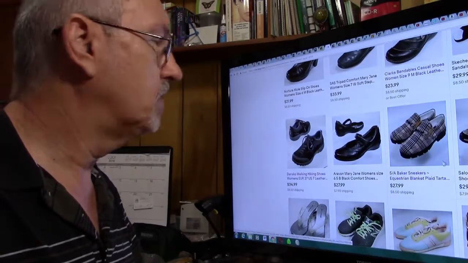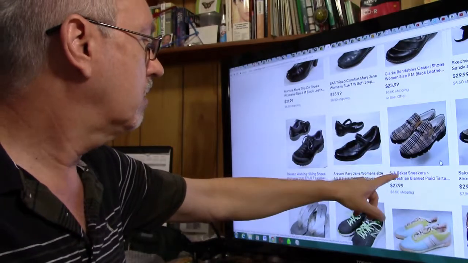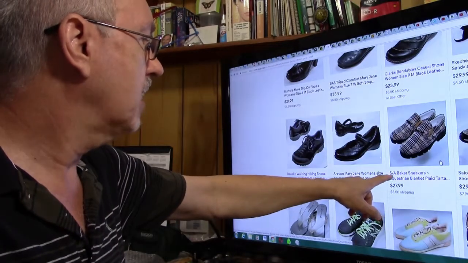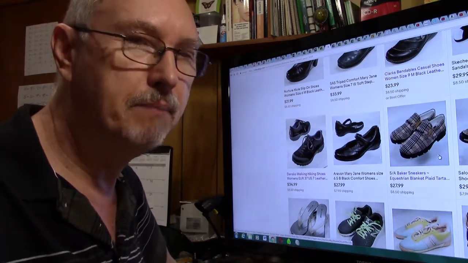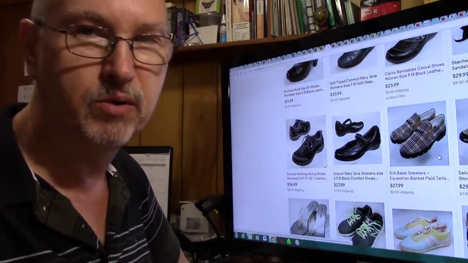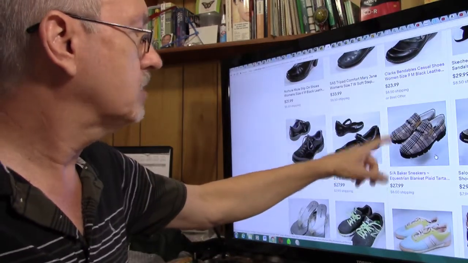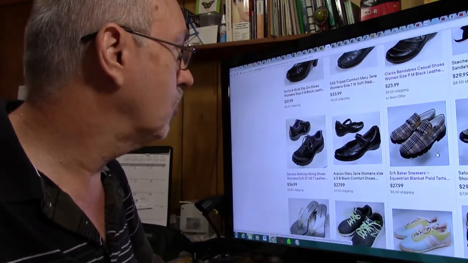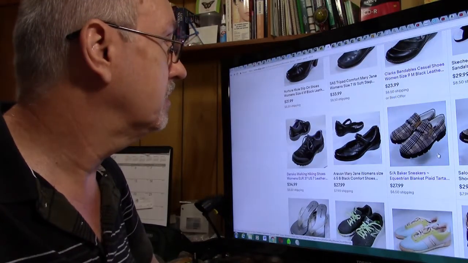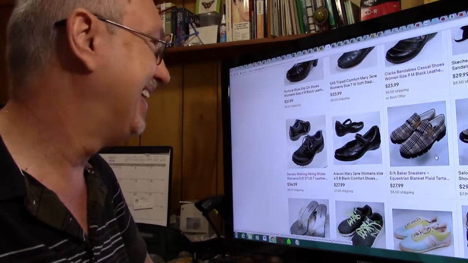Some things it's almost impossible to know how to price. These shoes, for example, are Baker sneakers. They're made by a company that makes equestrian blankets with this type of plaid, and for some reason they got it in their heads that they were going to make a shoe with that plaid.